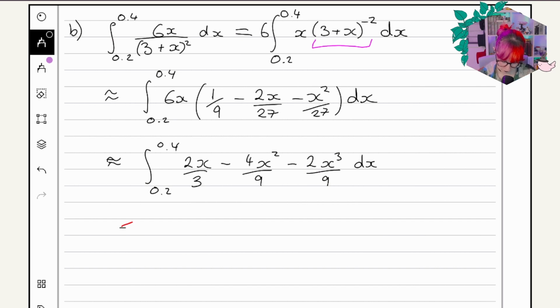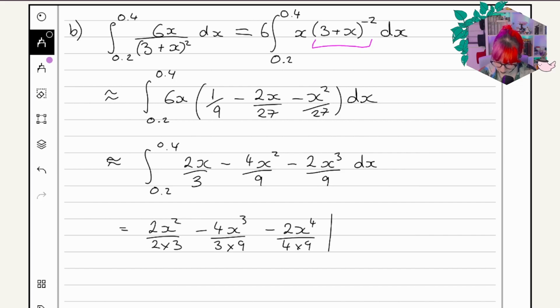So each term, we add 1 to the power, and then we divide by that new power. So we get 2x squared over 2 times 3, minus 4x cubed over 3, times 9, minus 2x to the 4 over 4, times 9, between 0.2 and 0.4.